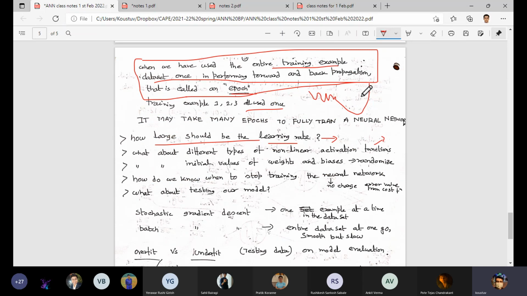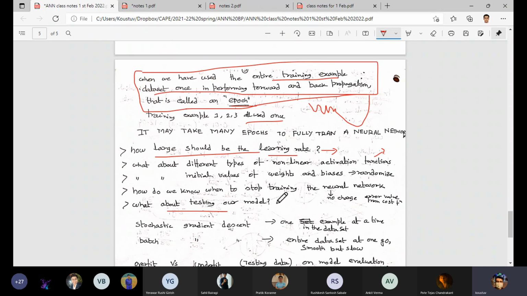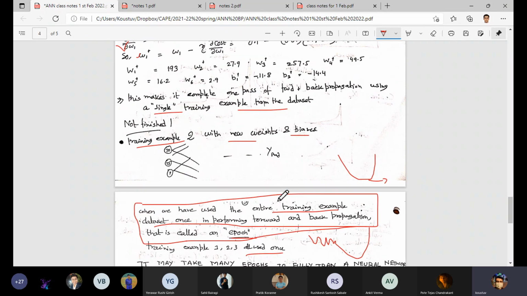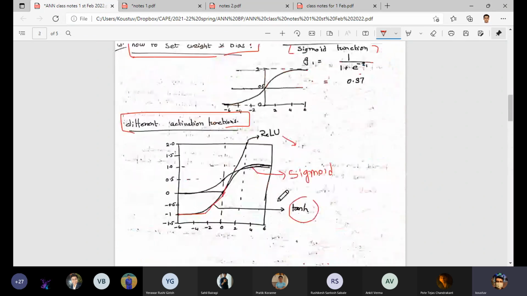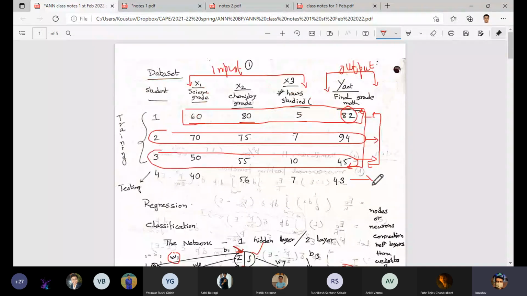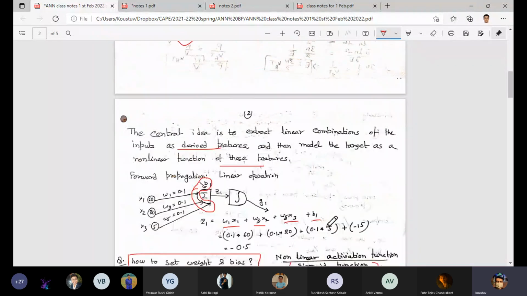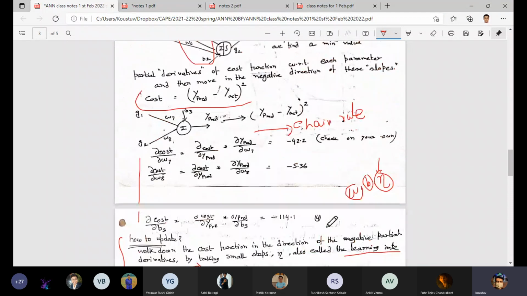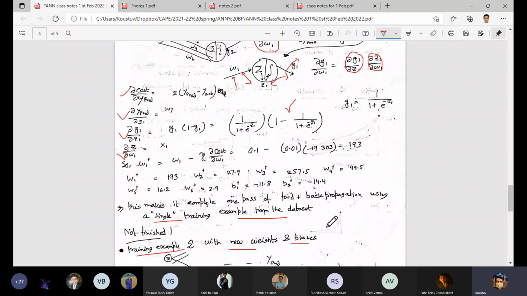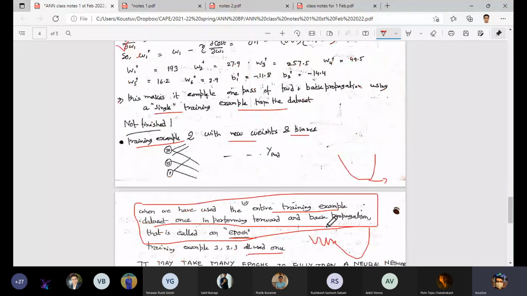And what about the testing of our model? The model developed will be used on some part of the data set. Here we are just taking a smaller example, but in general we divide it like 70% and 30%. The major part will be used for training, and the remaining part for testing.